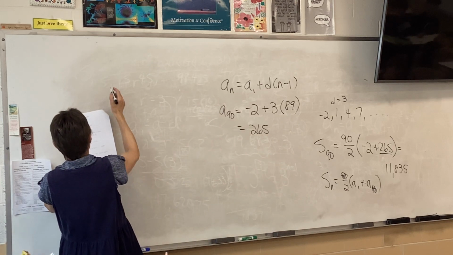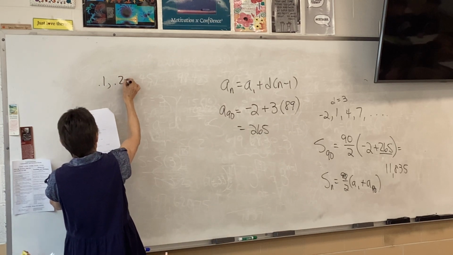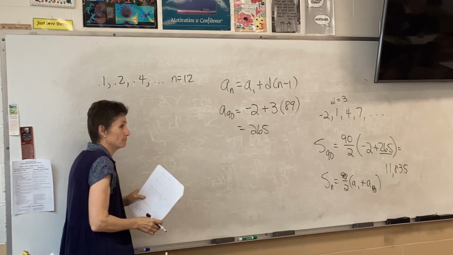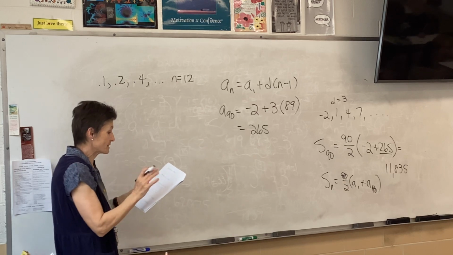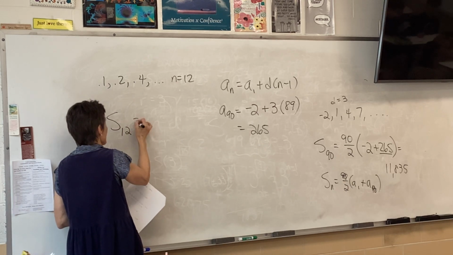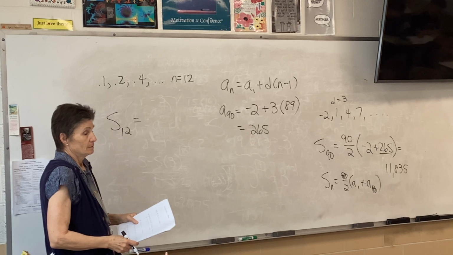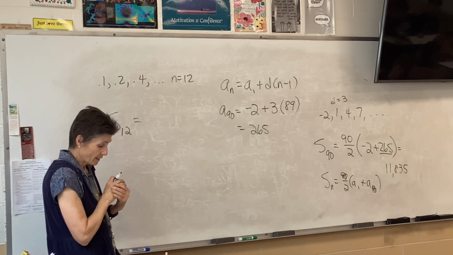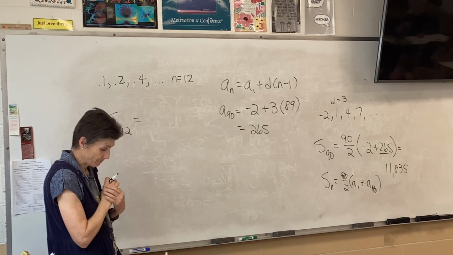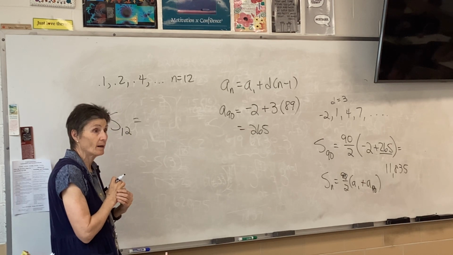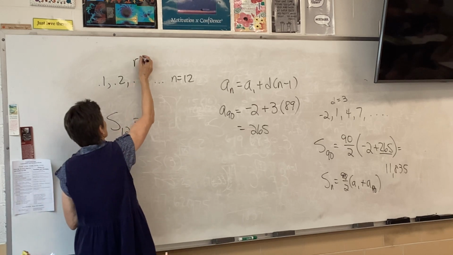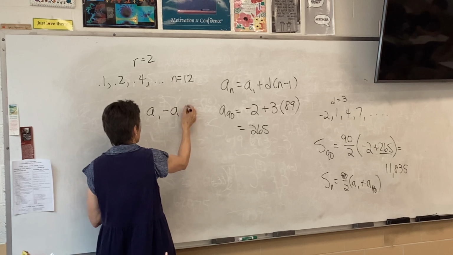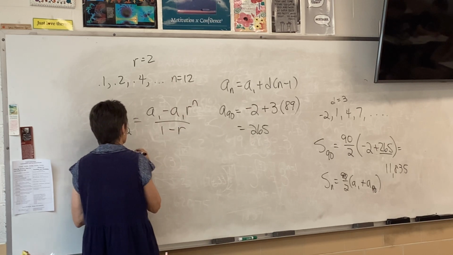Okay, let's do the next one, 4B. Directions say find the sum of 12 terms. Okay. What kind of sequence is happening here? We're multiplying by 2. So my formula is this one.